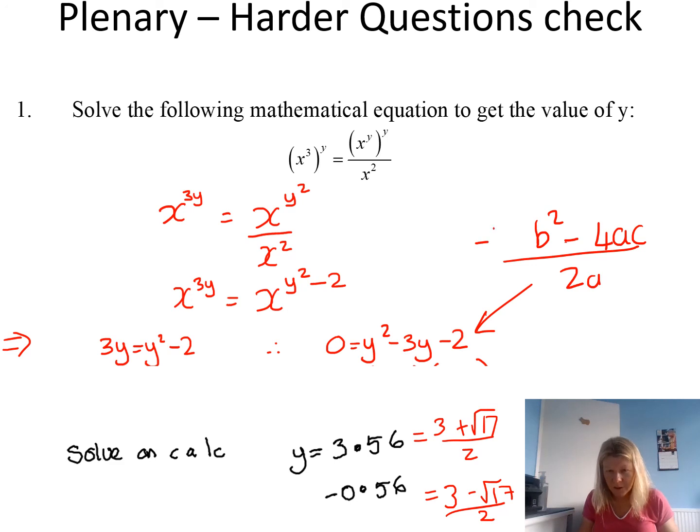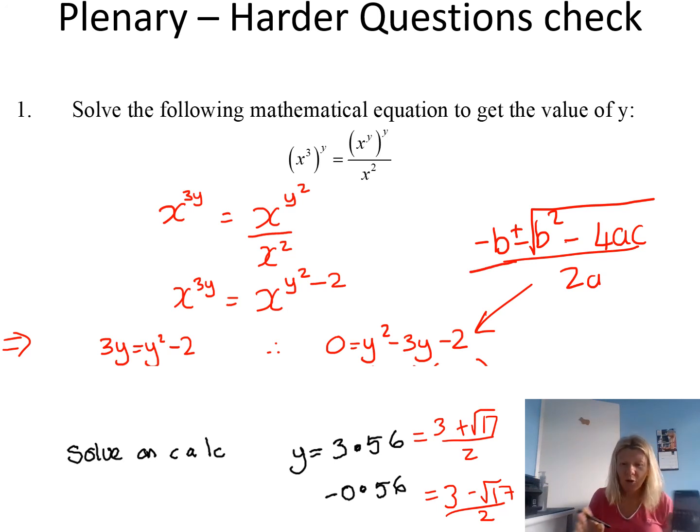It's minus b plus or minus the square root of b squared minus 4ac, all over 2a. I think I remember it. A bit odd, but never mind. So you could have solved the quadratic using that formula, if you remember that.